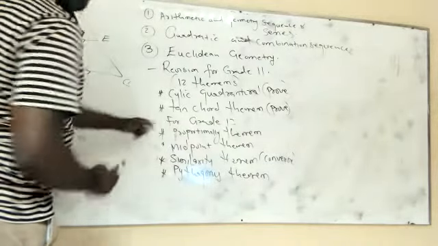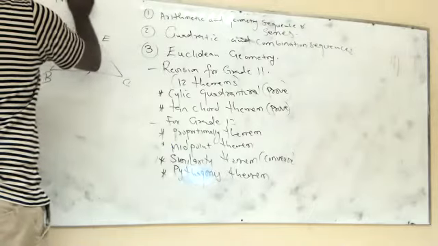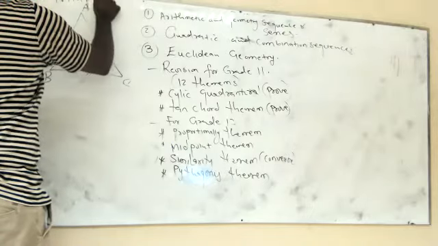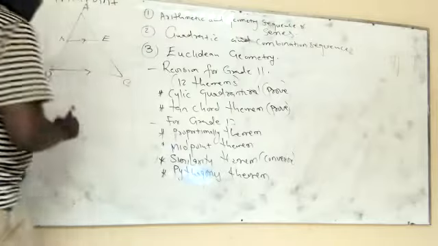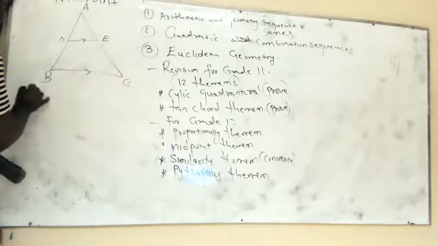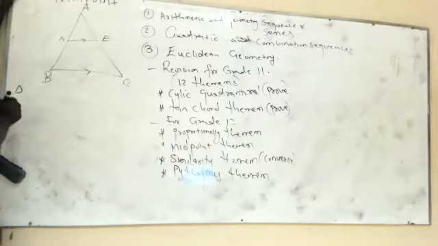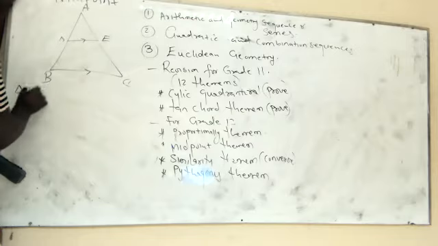Now for the midpoint, there are two assumptions which we have to make. The first assumption is the one we made when we were attending the first theorem of the proportionality. So we say DE is parallel to BC. That's the first assumption.